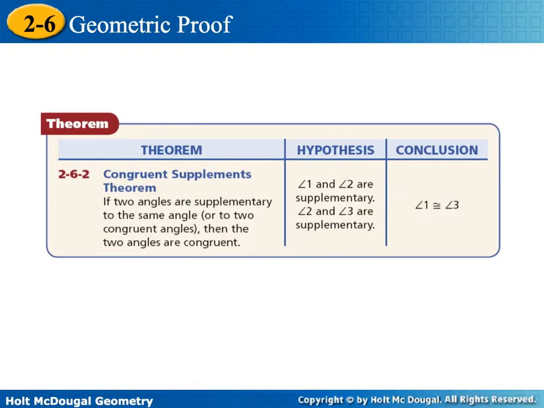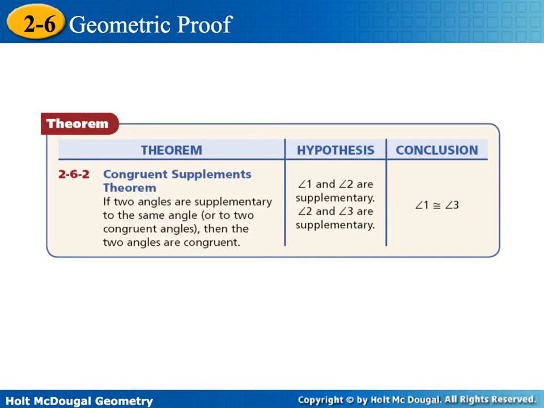Okay, next theorem, congruent supplements theorem. This is kind of like the transitive property. If 1 and 2 are supplementary and 2 and 3 are supplementary, then 1 and 3 are congruent. We'll see that later on in a proof.